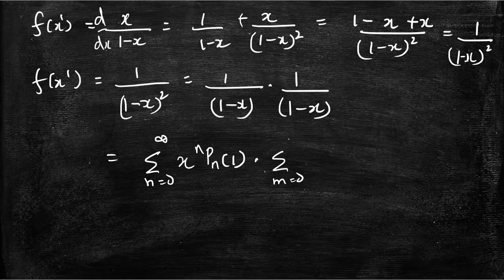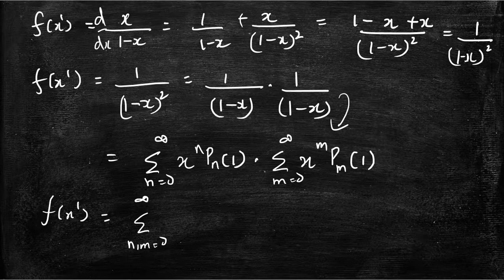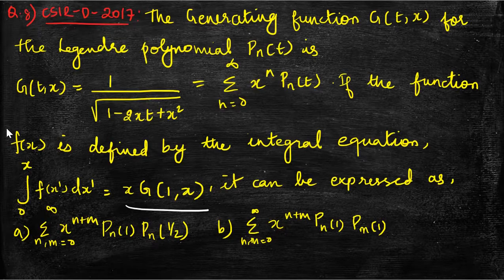Now I'm going to write this 1 by 1 minus x as x bar n, Pm of n, because it has to satisfy our option, which satisfies option B.